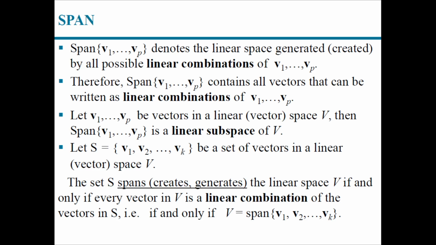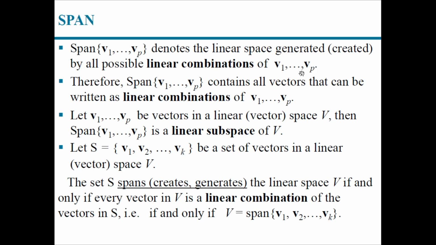So we can create a linear space using linear combinations actually. Let's say I have vectors v1, v2, ..., vp. Span, your new buzzword, the span of those vectors is a linear space that is created or generated by all possible linear combinations of v1, v2, ..., vp.